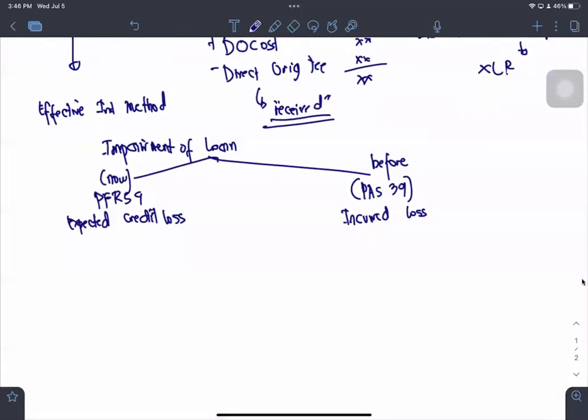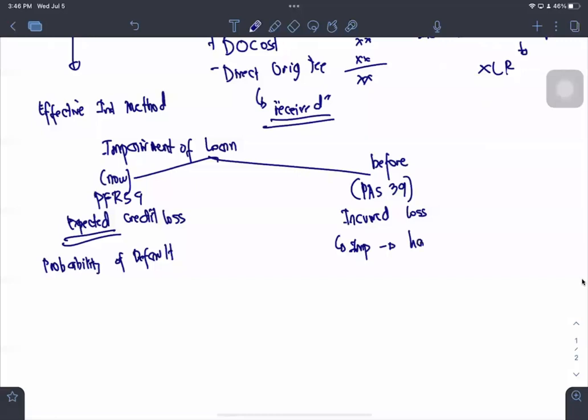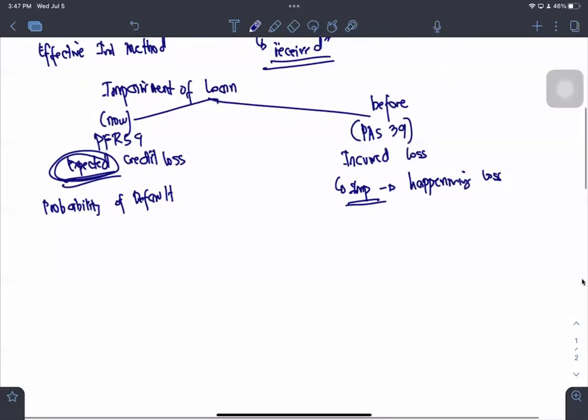Under PFRS 9, we expect already the credit loss, therefore we determine a probability of default. While in your incurred loss model, we just recognize an impairment upon happening of the loss. So under PFRS 9, we expect the loss, while in your PAS 39, we only recognize impairment upon happening of the loss.